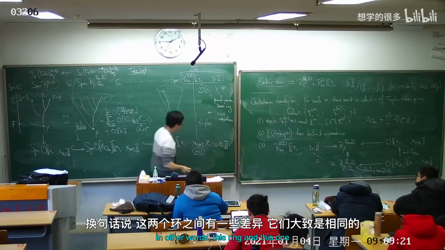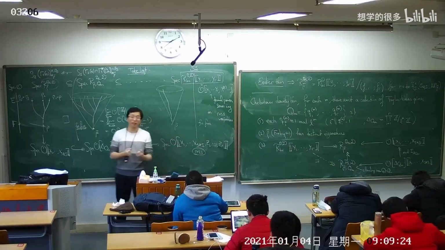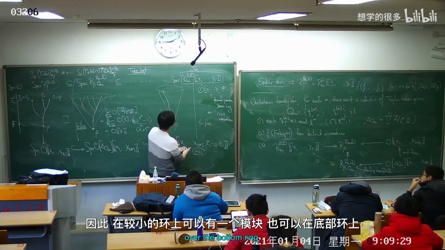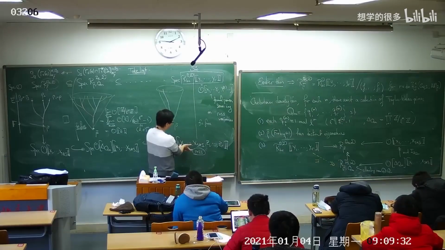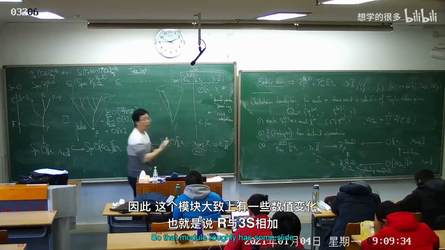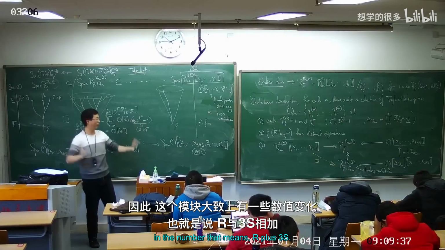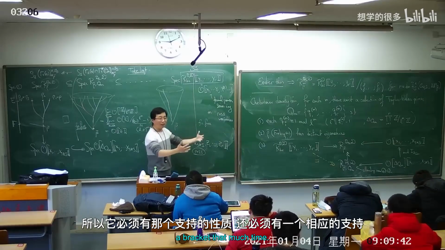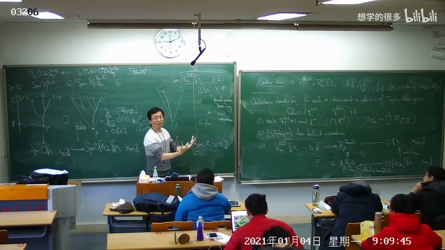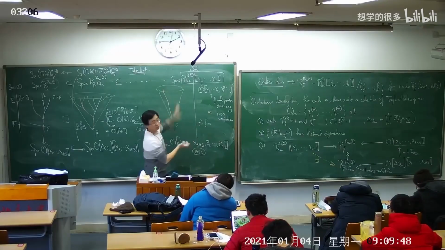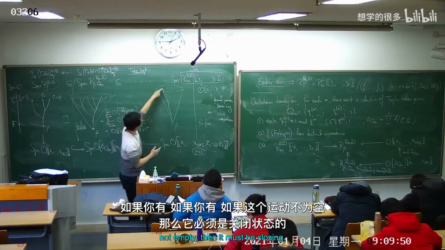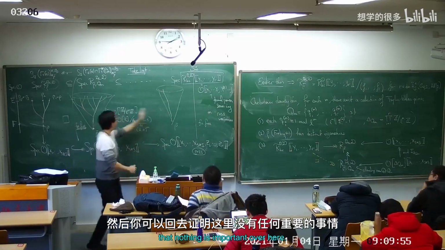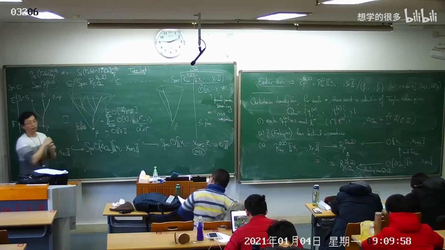In other words, these two rings are roughly the same size. So if you have a finite free module over the smaller ring, it roughly has size R plus 3S, so its support must also be of roughly that size. So if the support is not empty, then it must be closed. Then you go back to show that it must be full support over here. That's the rough idea.